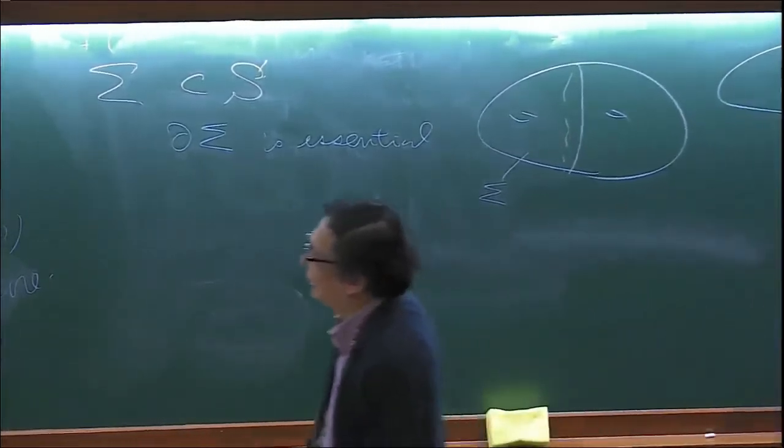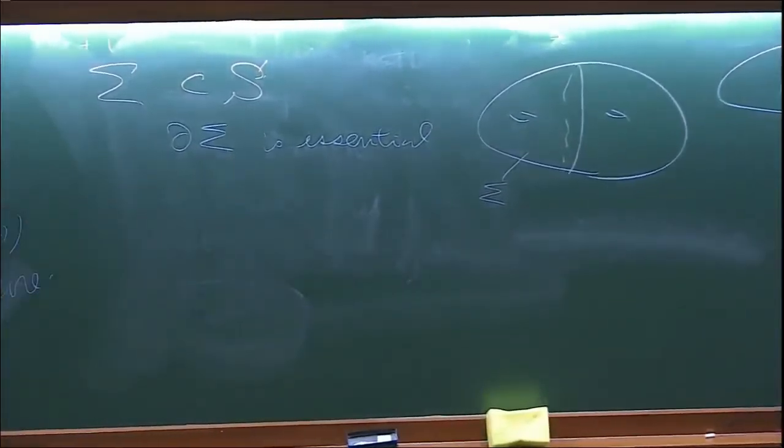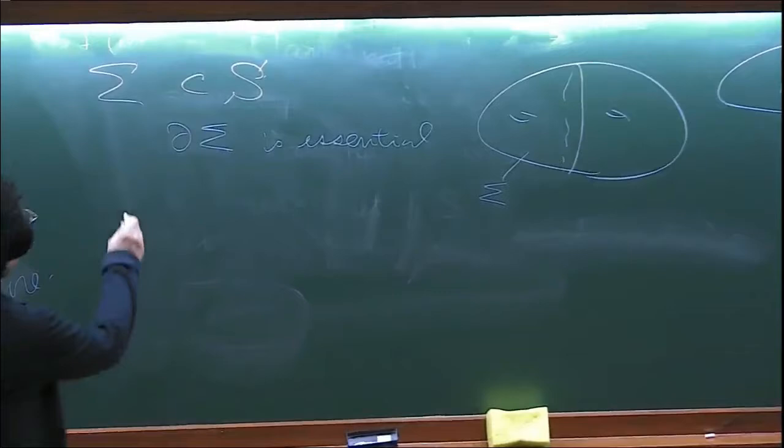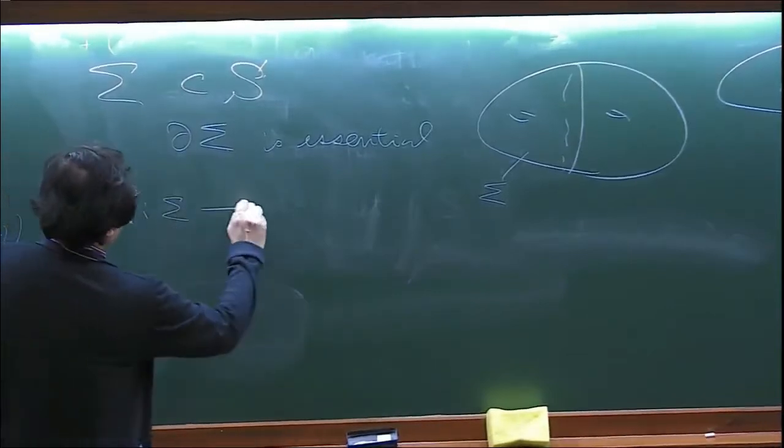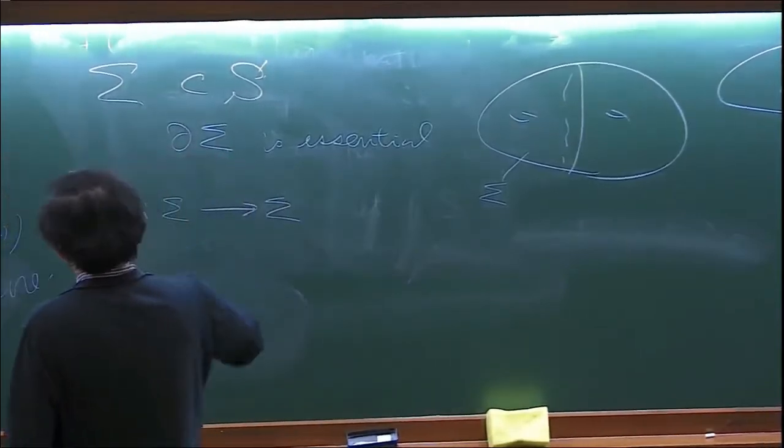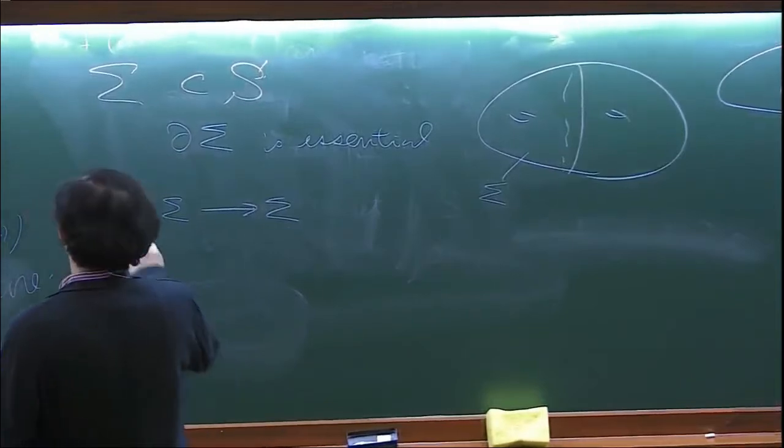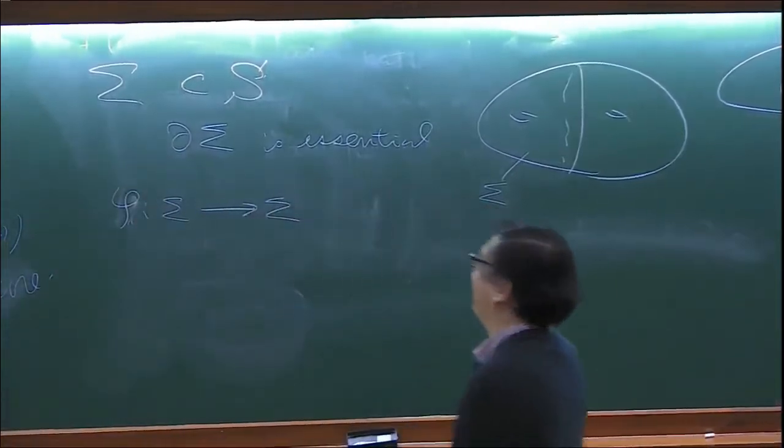I haven't defined the pseudo-Anosov map for a surface with boundary, but we can define it in the same way as the closed case. And we consider phi. I already used it, but I'd like to stick to the symbol phi.